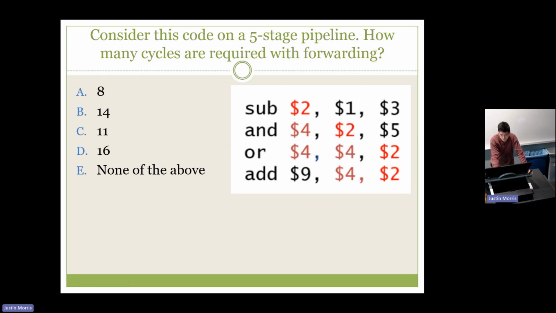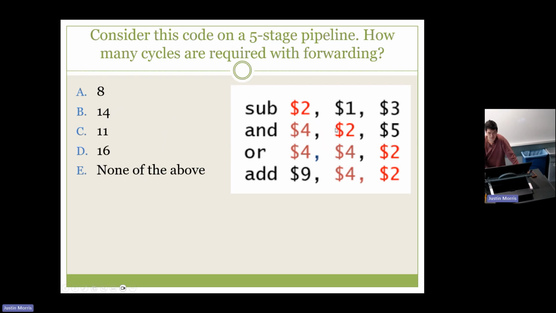I don't see any more answers changing. We don't quite have enough time to do the peer discussion. We are very close to the threshold though. So let's just go over this together. My base before was how many cycles? 8. And now between the sub and the and, I need to forward, right?